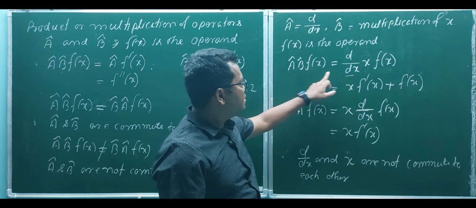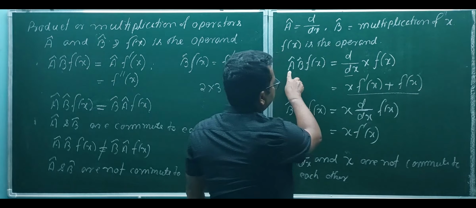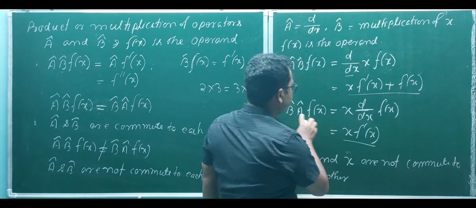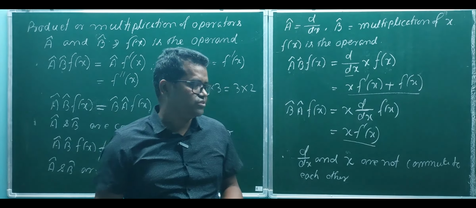See, your results are not the same here. This is the result for A cap B cap, and this is the result for B cap A cap. So these do not commute with each other.